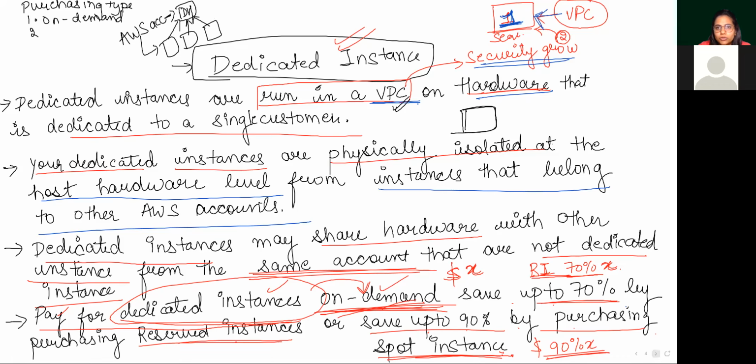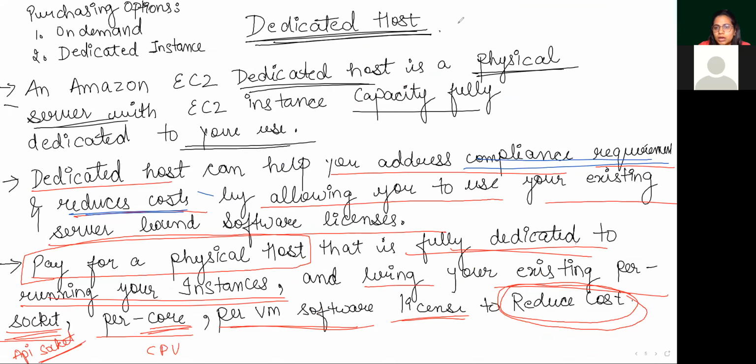And in dedicated host, what is happening? Nobody means nobody. Even your own AWS account services cannot access the dedicated host hardware, as well as the identity that it provides, so you can use your own licenses.